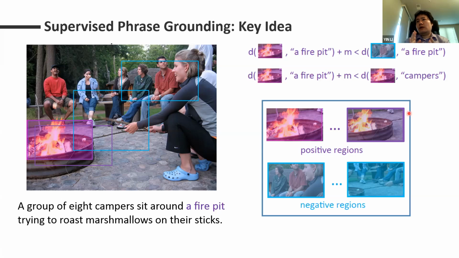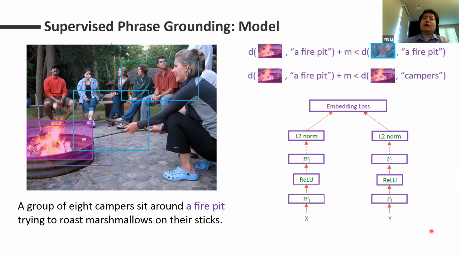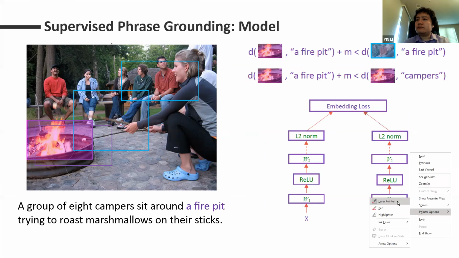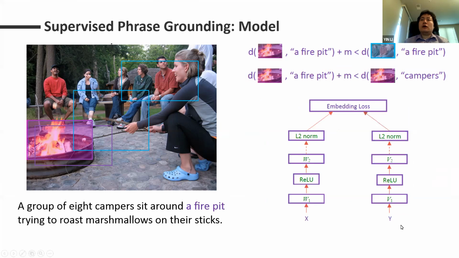So now the key idea is to encode this matching into a ranking loss, which happens to have the form of a hinge loss, so you convert that triplet ranking problem into the minimization of a hinge loss. And what we're going to do is that we're going to train this two-branch network.